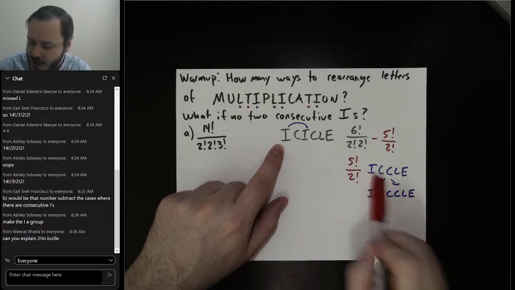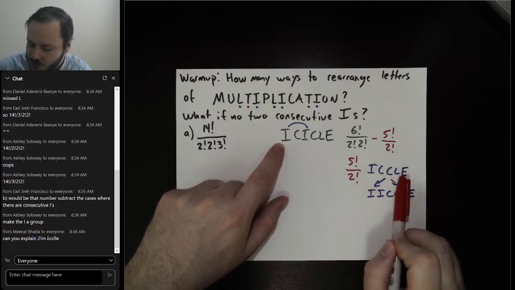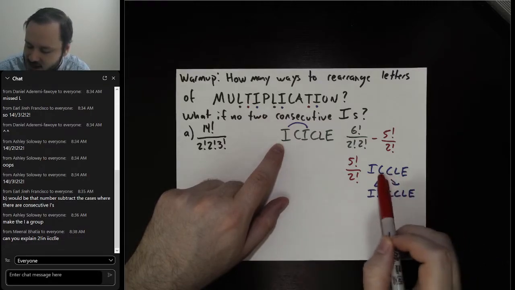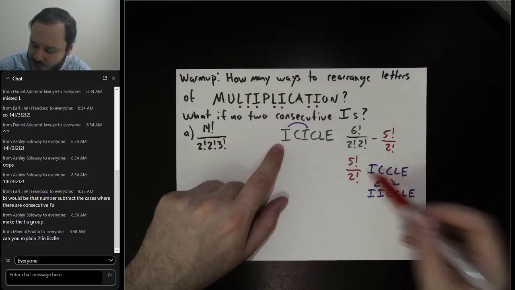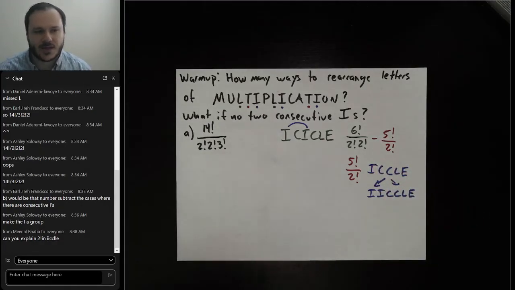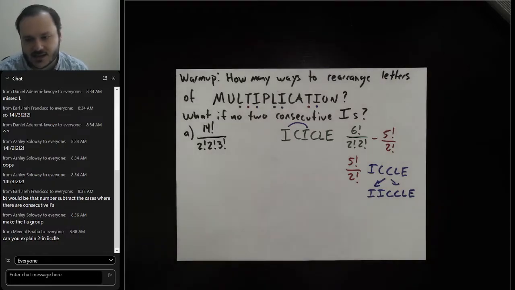And then after I've done my arrangement, after I come up with an order, maybe it's ICCLE, or maybe it's ELCIC, I'm going to turn my 1 I into 2 I's next to each other. And that's how I'm going to guarantee that I have 2 I's right next to each other.